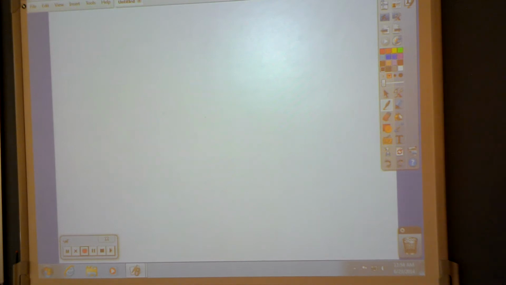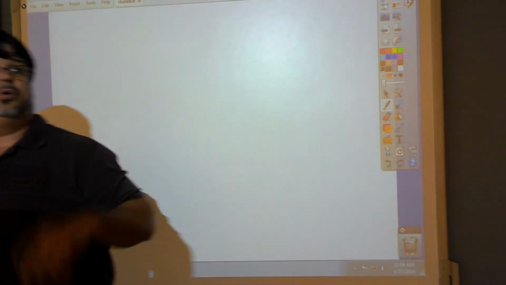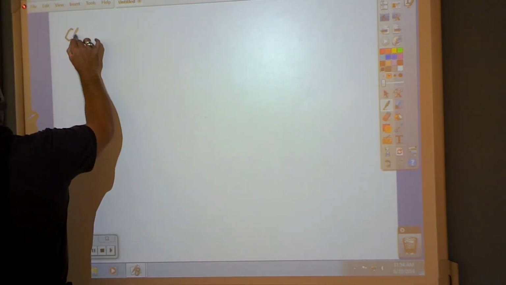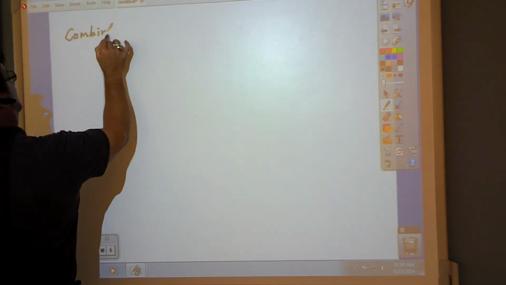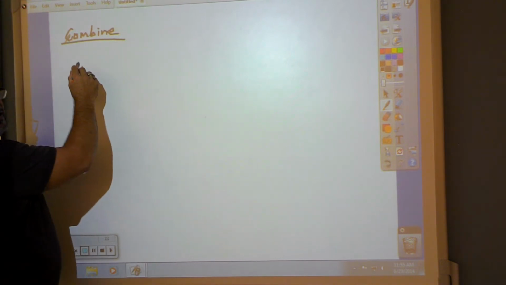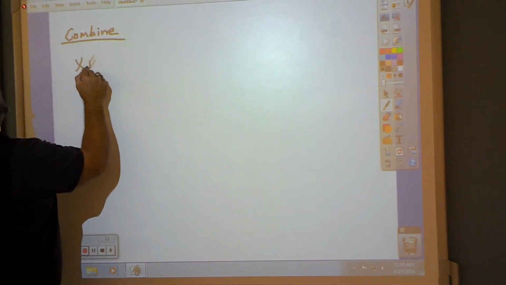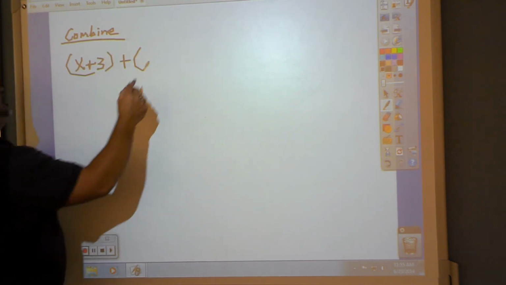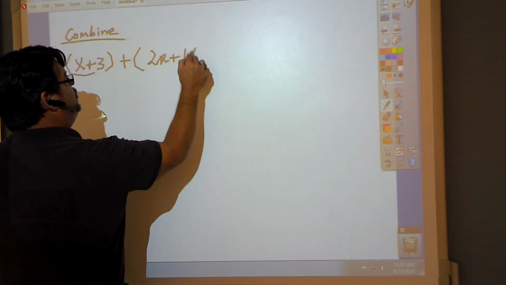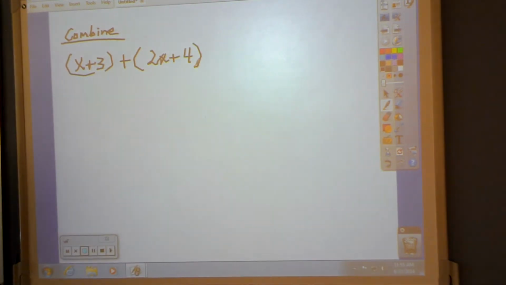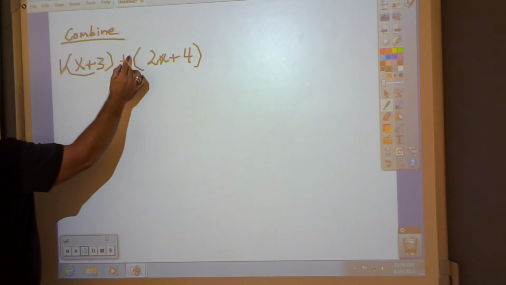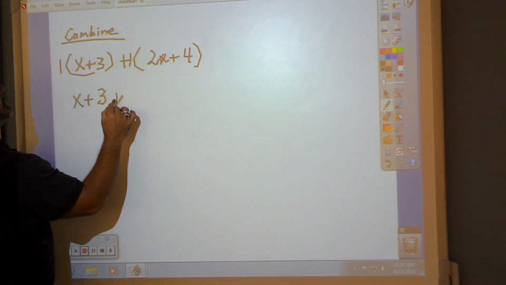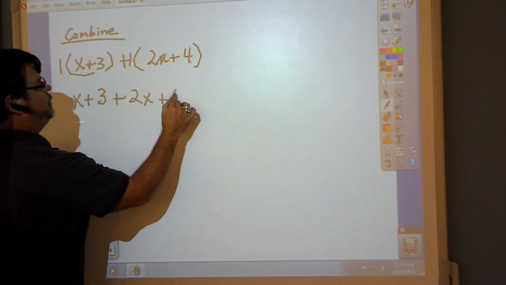In pre-algebra, they gave us those two, x plus 3 and 2x plus 4, and this is what they said, combined. And they gave us x plus 3 plus 2x plus 4. And what did we do? We distributed the positive 1 here and the positive 1 here, and then we got x plus 3 plus 2x plus 4.